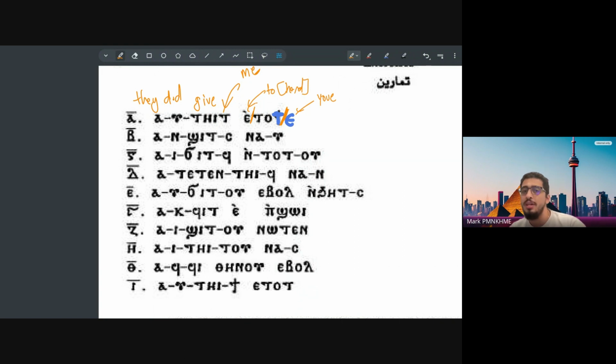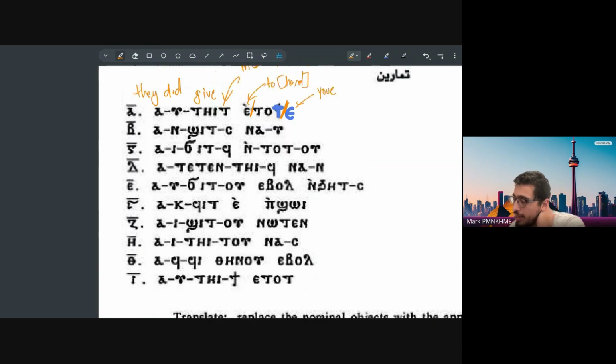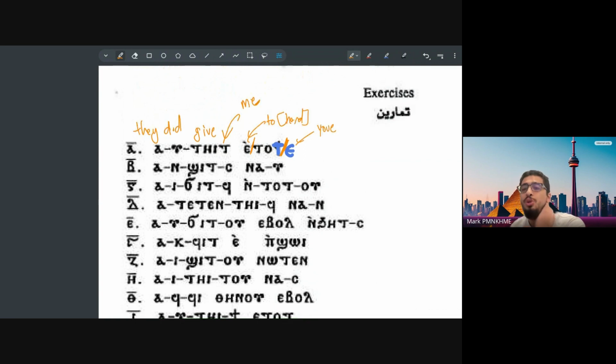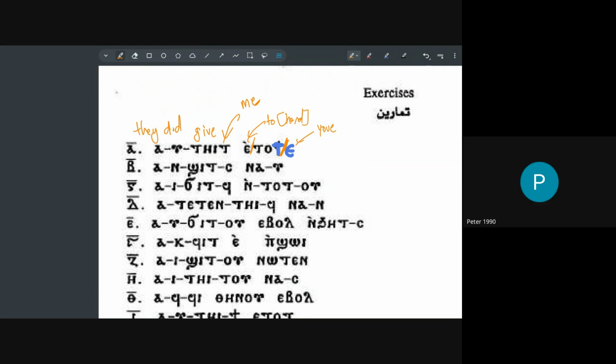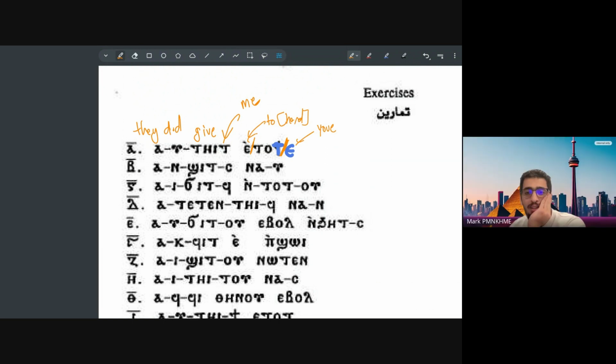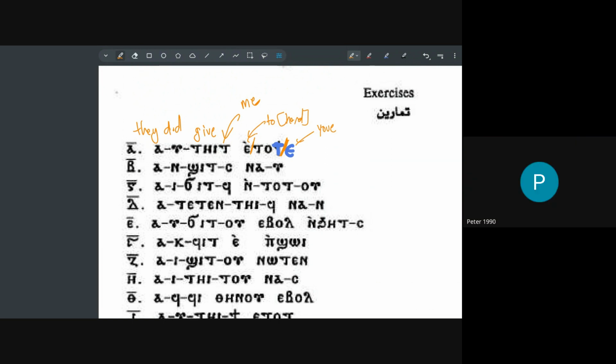So basically you translate this as they gave me to you. Or they entrusted me to you. That's it. Makes sense. Yeah, I think so. After you change it to the epsilon at the end, yeah.